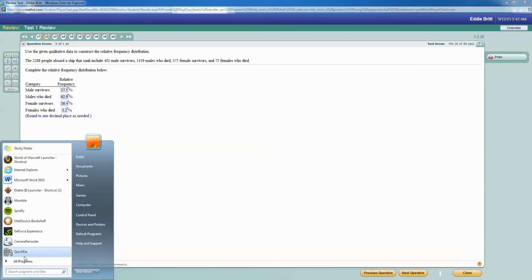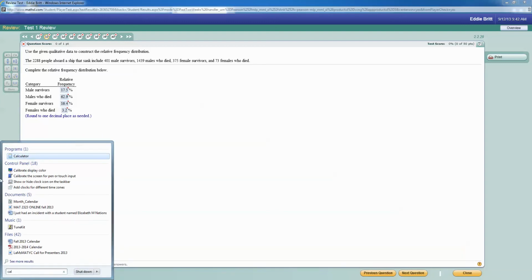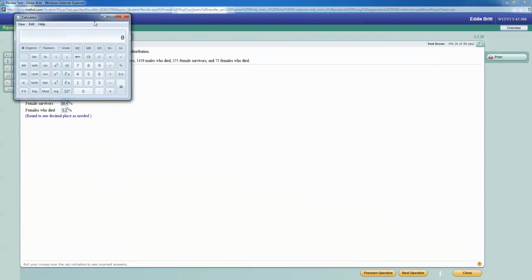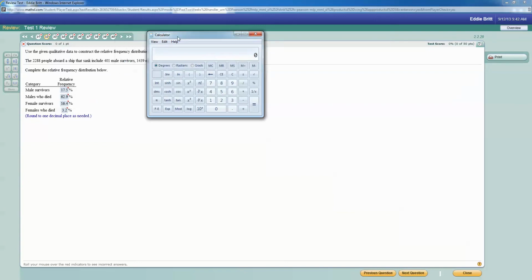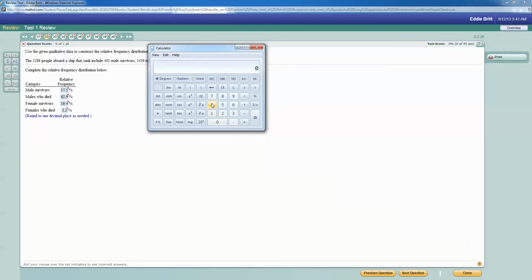So I think we're going to search for a calculator. So if I say 401 divided by 2,288, that would give me 0.175.